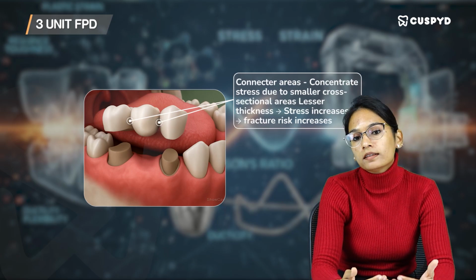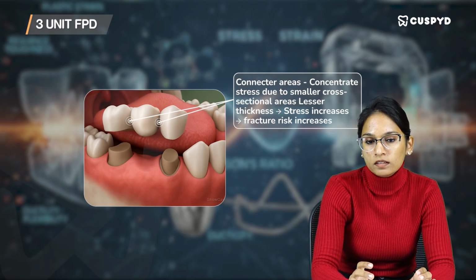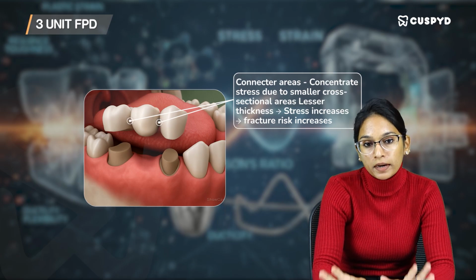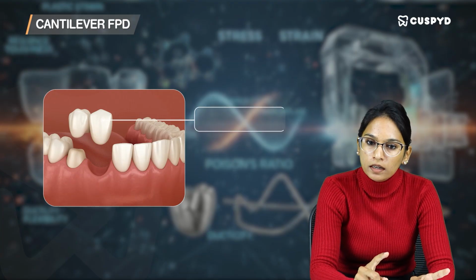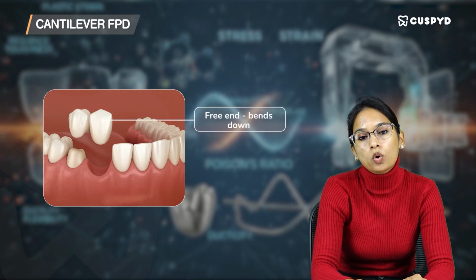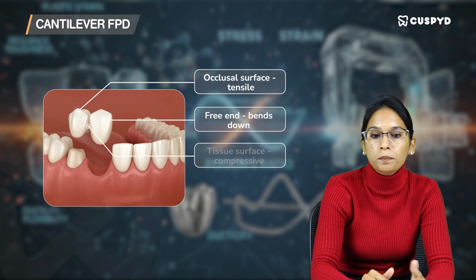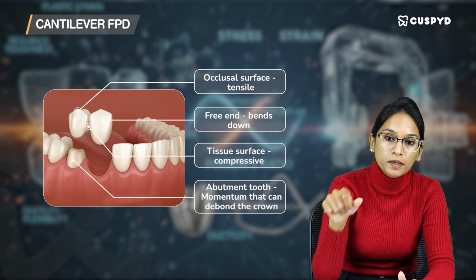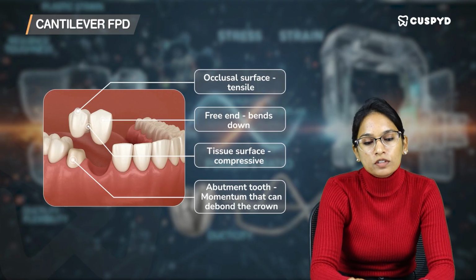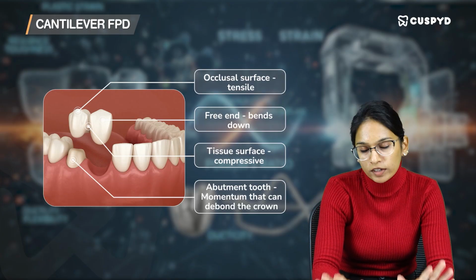This is why connector thickness is very crucial. With too small a connector thickness, stress shoots up and fracture risk increases dramatically. Similarly, in a cantilever bridge, the free end bends down, the occlusal surface becomes tensile, and the tissue surface becomes compressive. The abutment tooth experiences a moment that can debond the crown. Whether a restoration is metal, ceramic, or composite, combined stresses are always present.